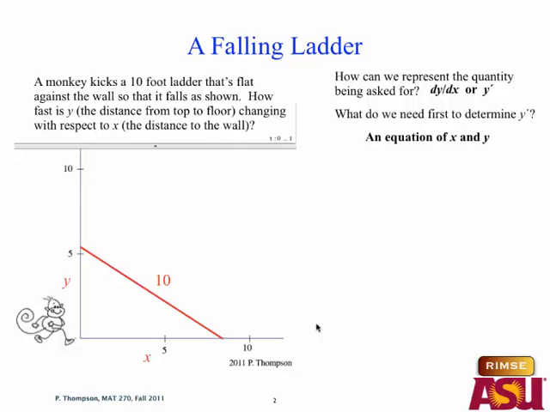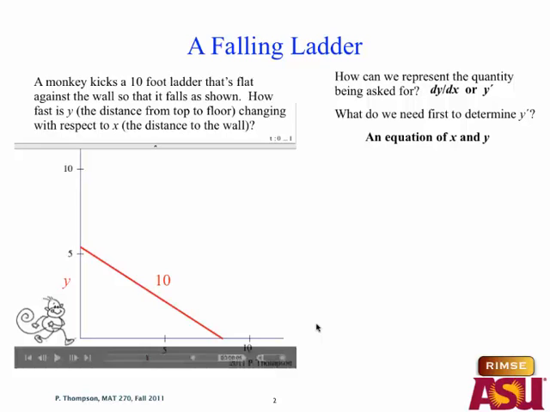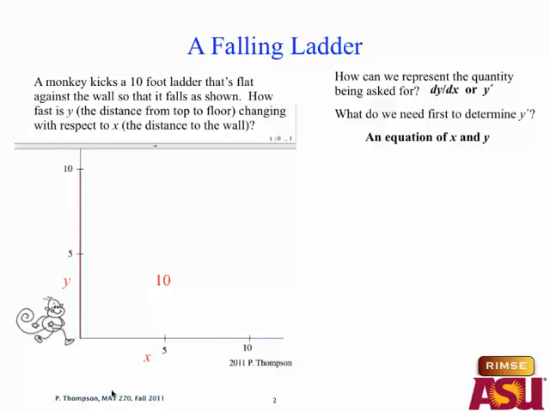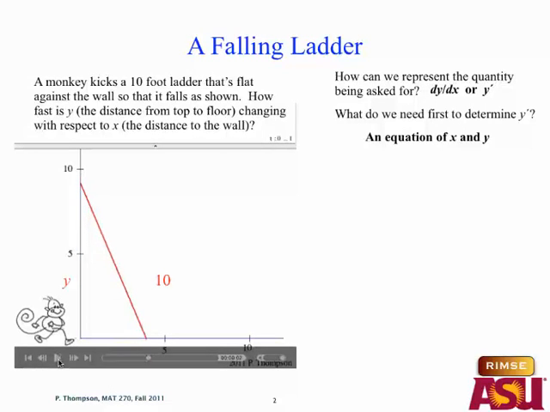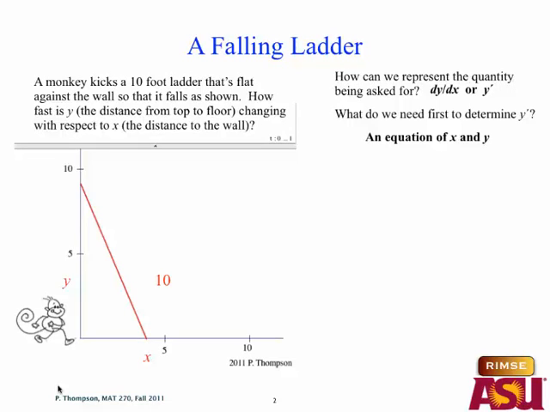So, what equation of x and y do we have here? We need an equation that's always true, no matter what the setup or configuration is. What's always true here? It's always equal to 10. What is always equal to 10? x and y? What do you think about that? Add it together: x plus y is always equal to 10.